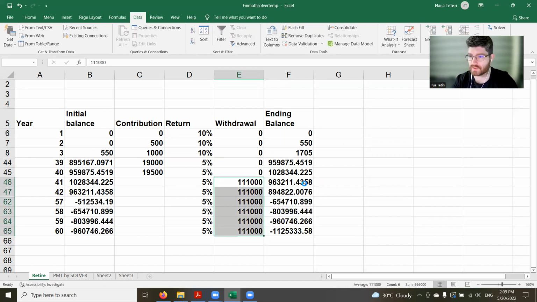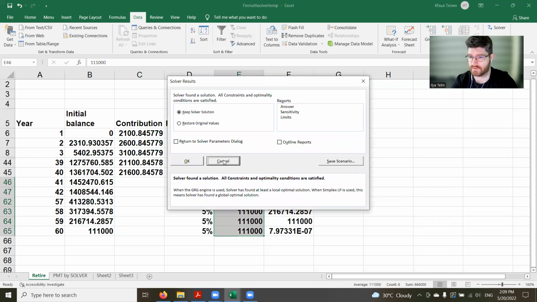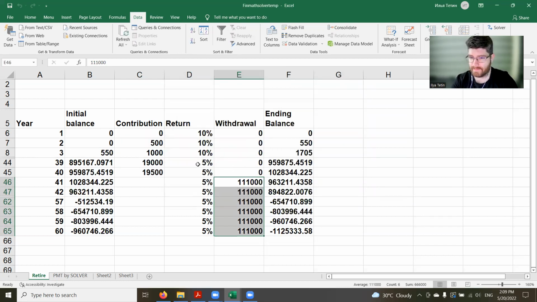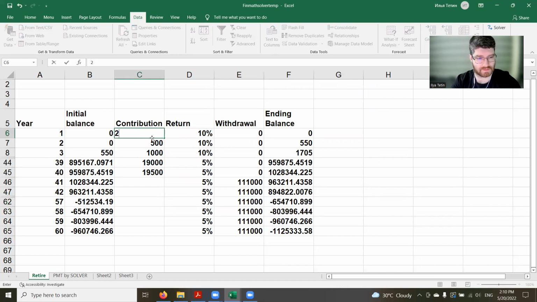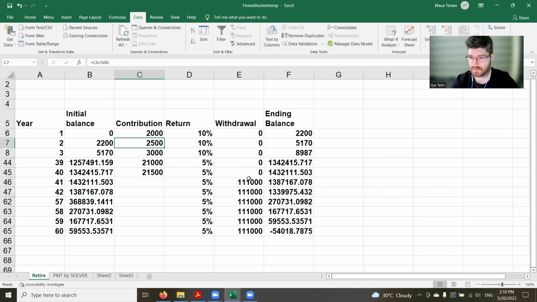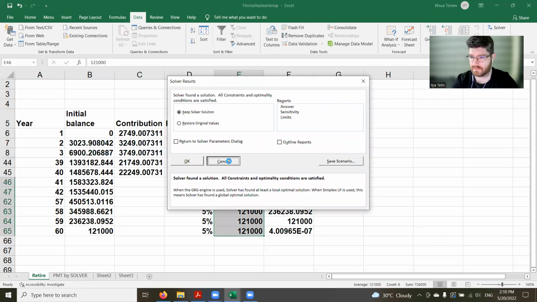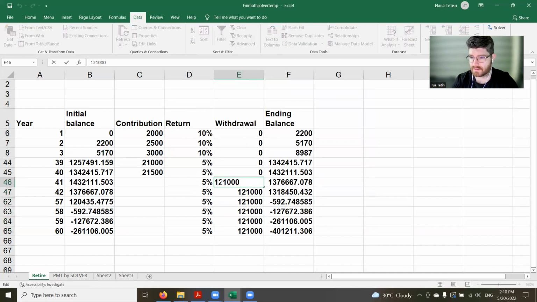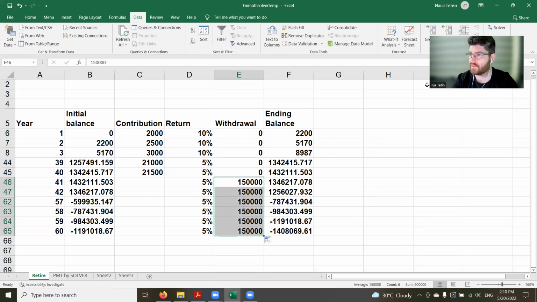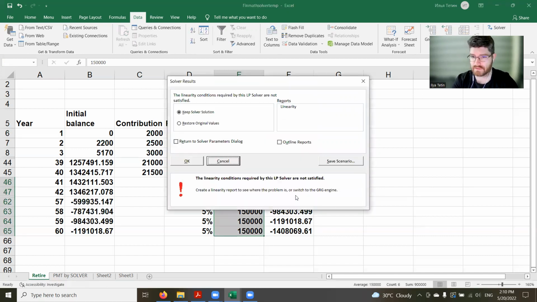Is it possible for us to find 2000? Yeah, okay. Contribution, let us place 2000 as the initial contribution. Then we're able to change that to maybe 121. Try to find, okay. And I think with the initial contribution of that amount, we will be able to find out the exact value of 150,000.